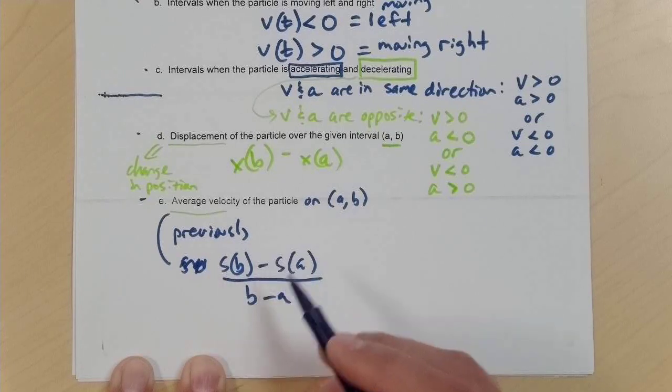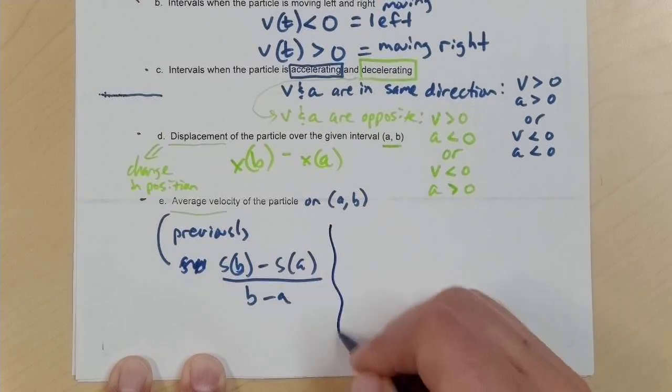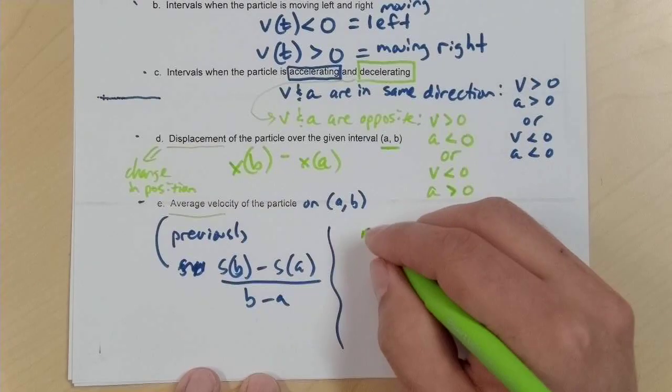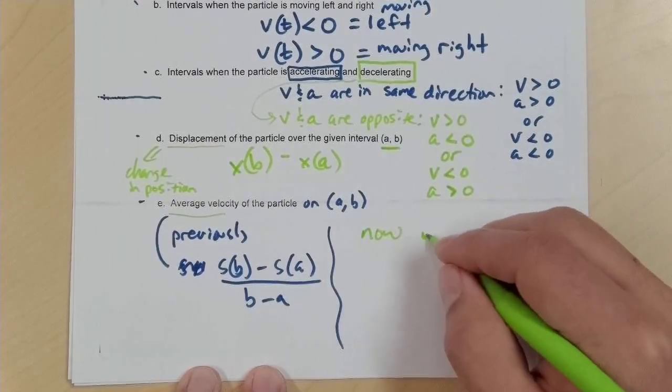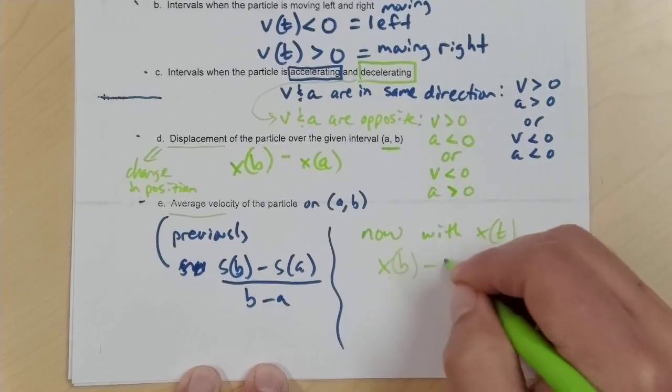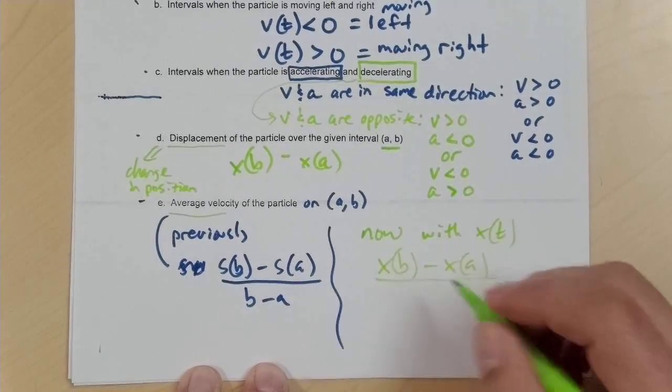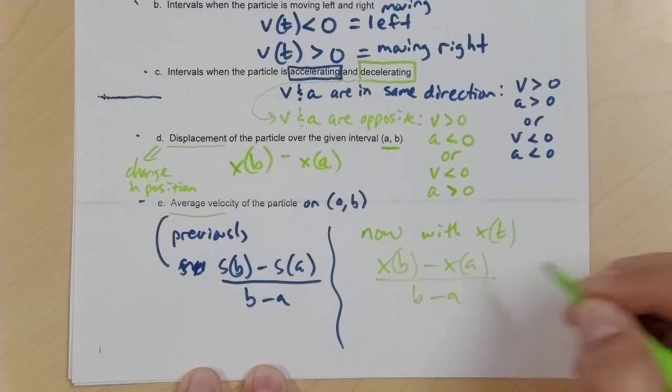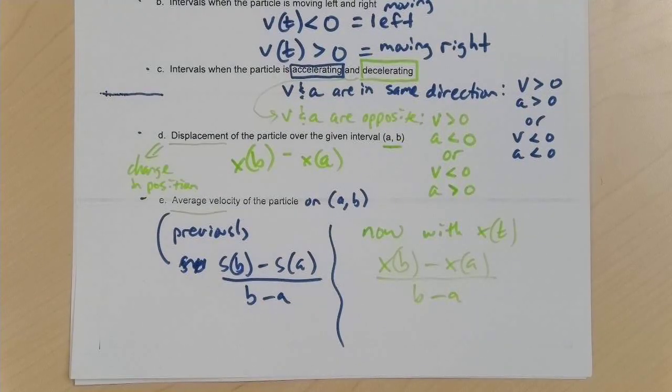The only thing that changes now is that if we're using x for position, we use x. So it's actually no different: x of B minus x of A over B minus A. Average rate of change is the same as average velocity, synonymous with slope.